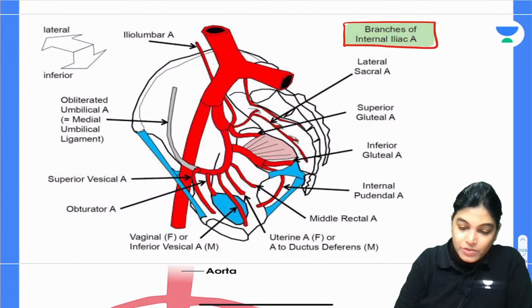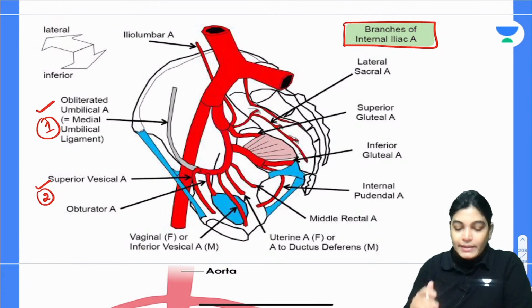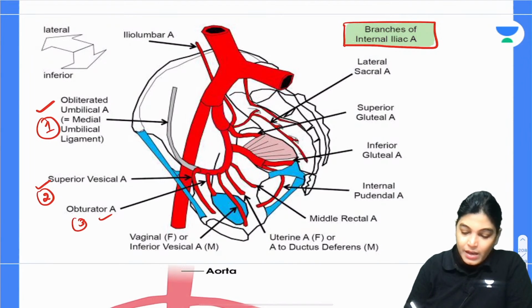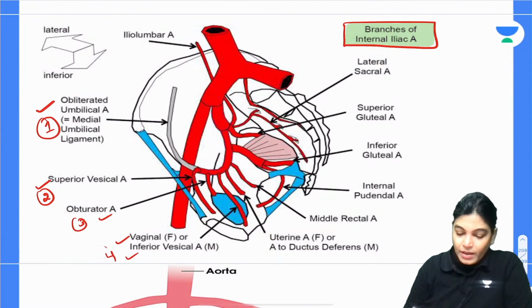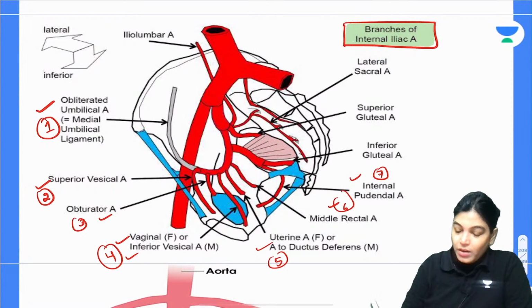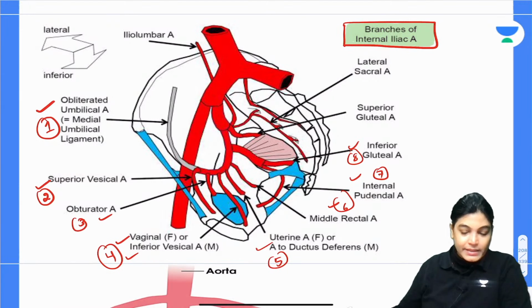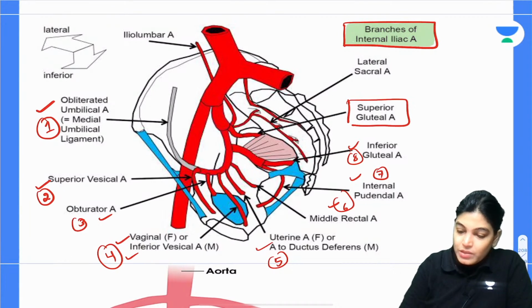So the branches are obliterated umbilical artery, superior vesical artery. Actually, what I am marking is all the anterior branches: obturator artery, vaginal, inferior vesical artery, uterine and artery to ductus deferens, middle rectal, internal pudendal and inferior gluteal.